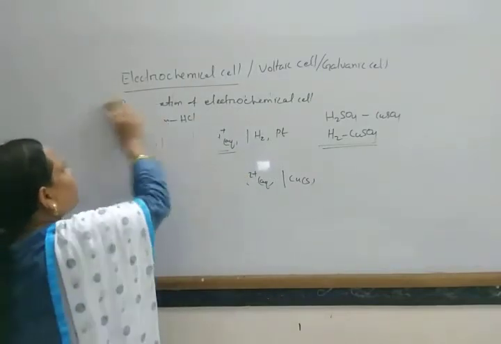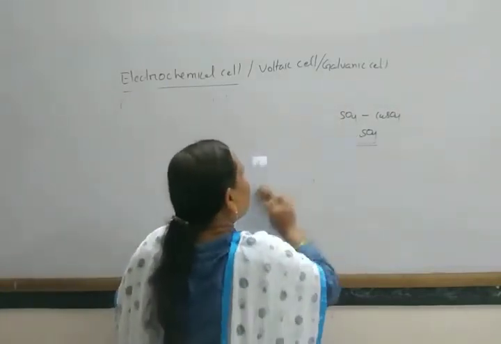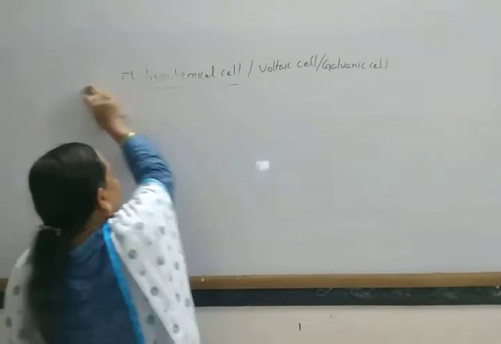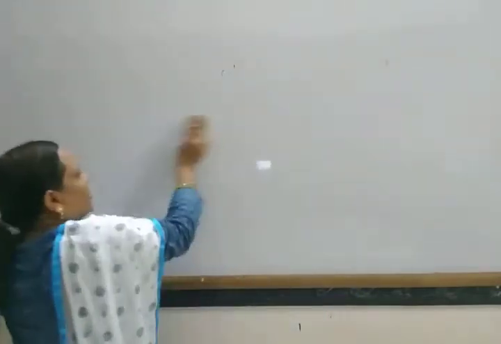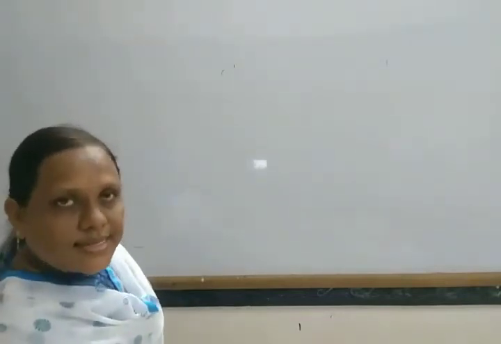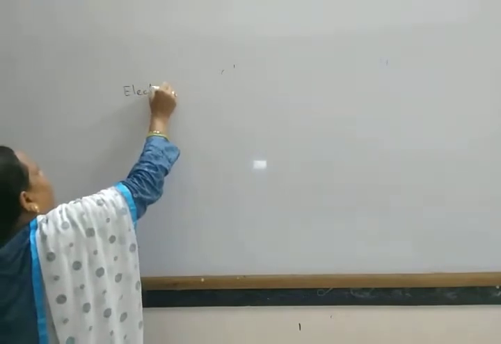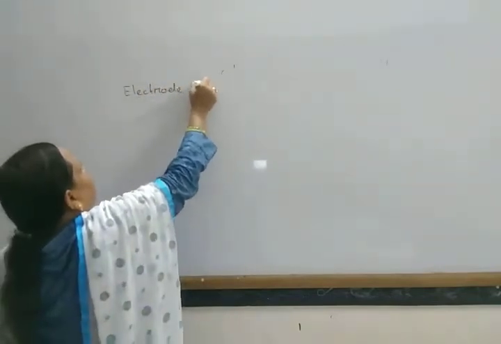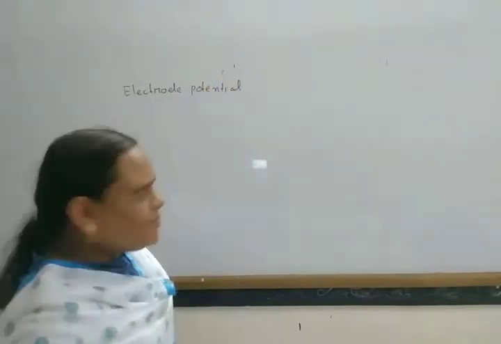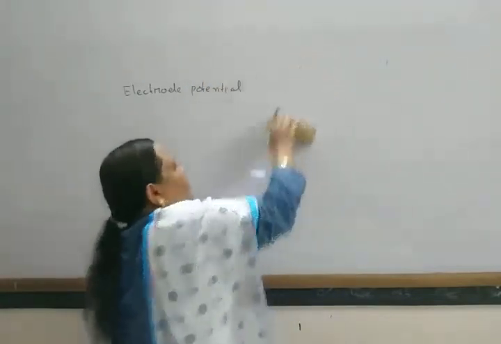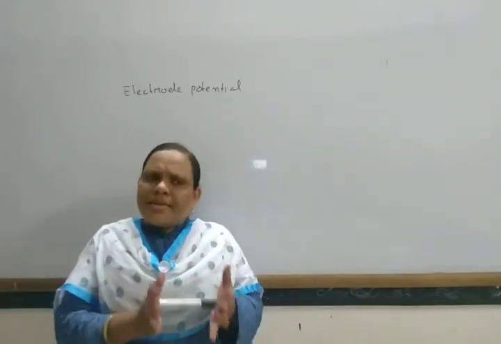Next, come to another term of this electrochemical cell, that is electrode potential. What we have seen in this electrochemical cell, I have taken two examples.